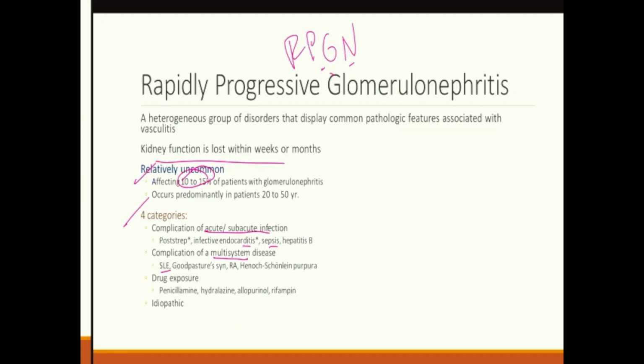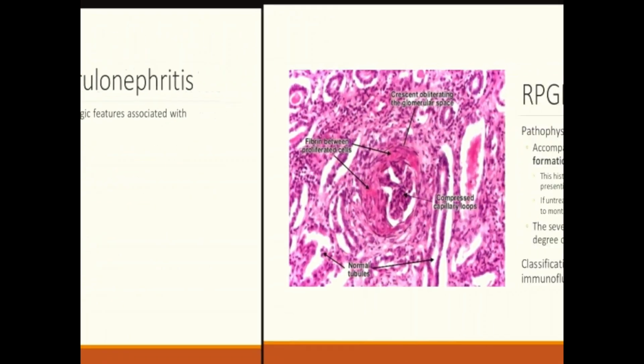Here's your lupus, rheumatoid arthritis is here as well. Drug exposure, penicillins, hydralazine, allopurinol is used for gout, and obviously idiopathic. So these are just 4 categories of rapidly progressing glomerulonephritis.